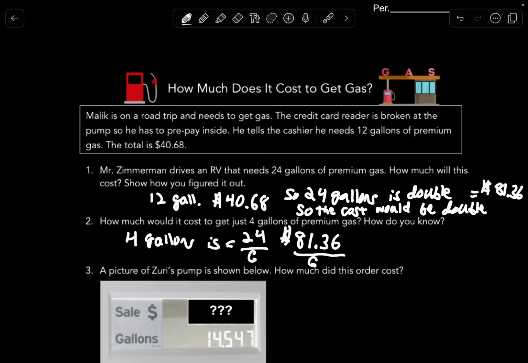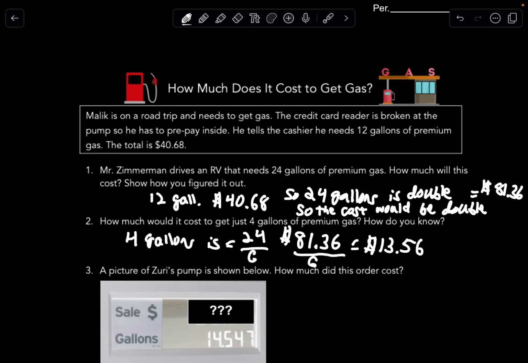This is just one way of doing it. So it'll be the cost of 24 gallons divided by 6, which would be $13.56.